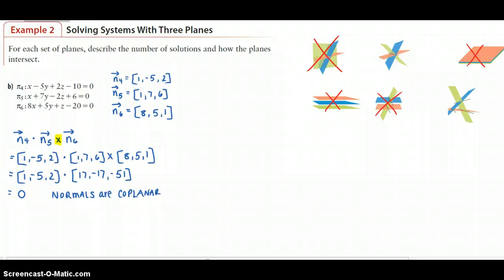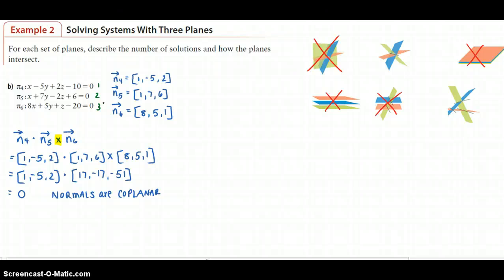Then I'll use elimination again to find one equation with one unknown, and I'll see what happens in that equation, whether or not I have a solution or not. So I'll start by labeling my equations. Let's call them 1, 2, and 3. If I subtract equation 2 from equation 1, I can eliminate x.